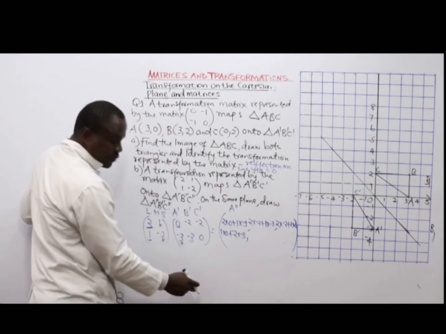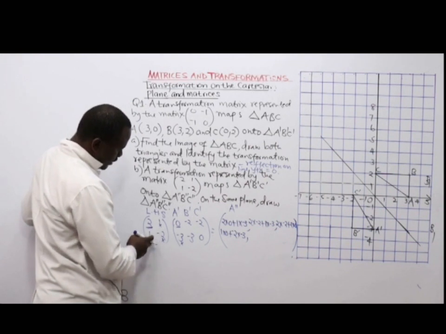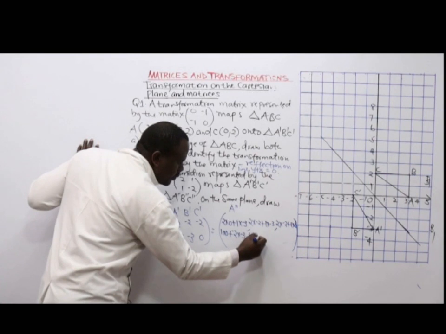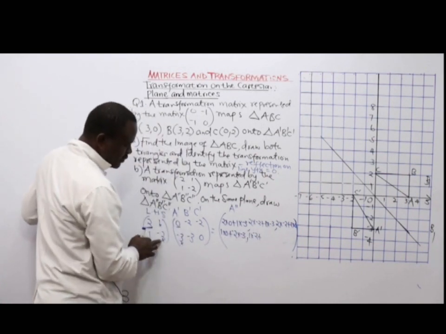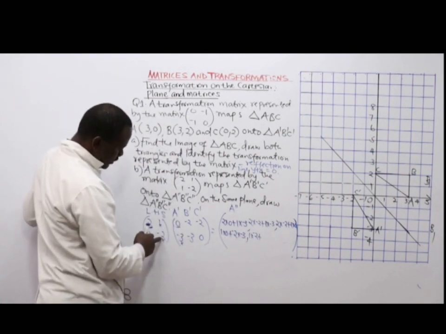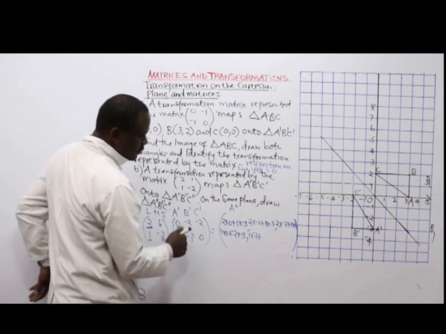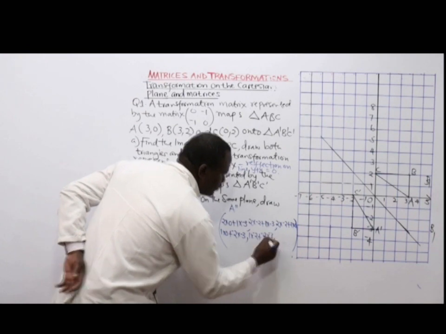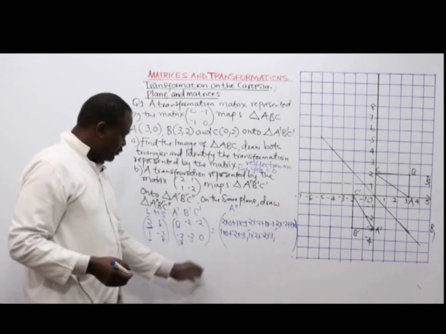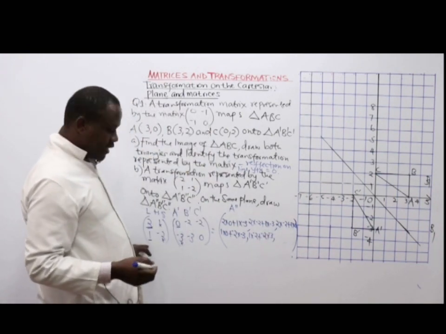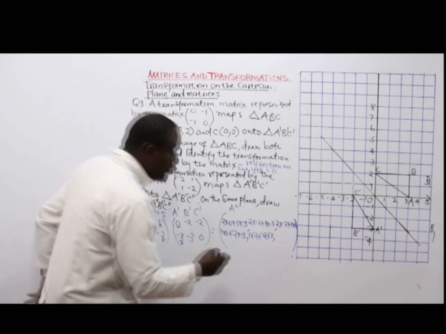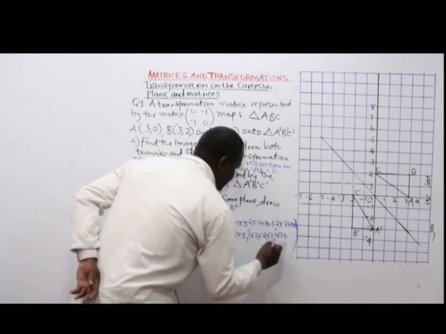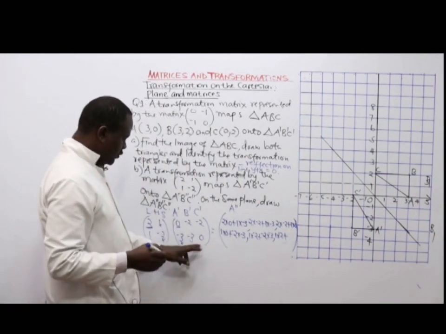You go to the next one. 1 times negative 2 plus, it is the time for this one, negative 2 times negative 3. We go to this one. The rules are the same. 1 times negative 2 plus negative 2 times 0.